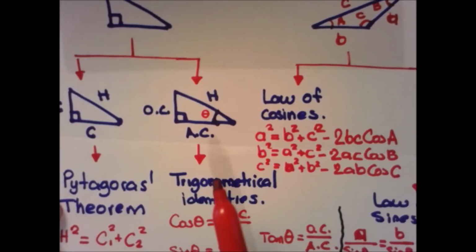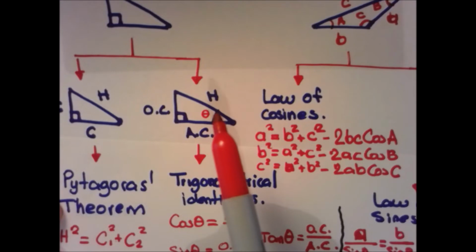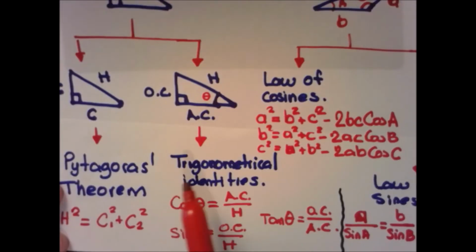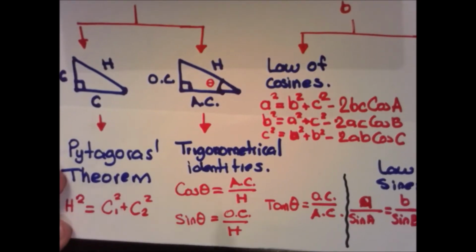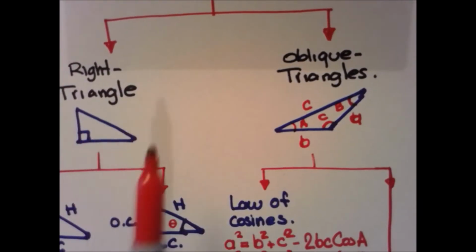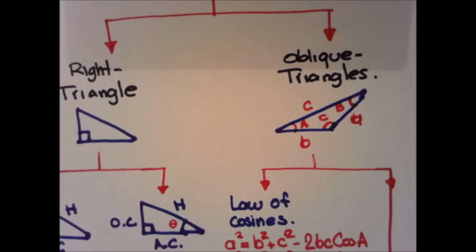Or if you want to calculate one internal angle, or you have an internal angle as information, use trigonometric identities. Okay, so we have specific mathematical tools according to the kind of triangle. Remember, we have right triangles or not right triangles, which will be called oblique triangles.